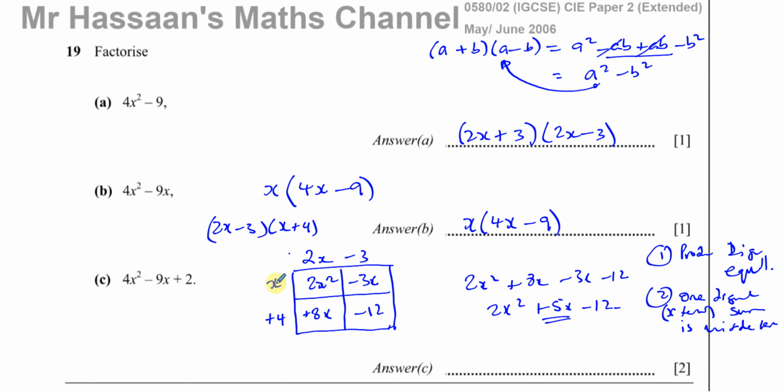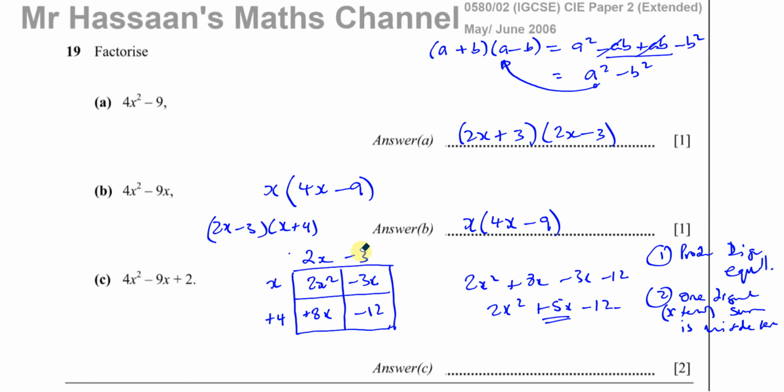So the ones on the left of the rows are always the highest common factor. x is the highest common factor of 2x squared and minus 3x, and 4 is the highest common factor of 8x and minus 12. So at the head of each column and row, we have the highest common factor of the terms in that column and row. Those three facts together will help us to factorize anything of that form.